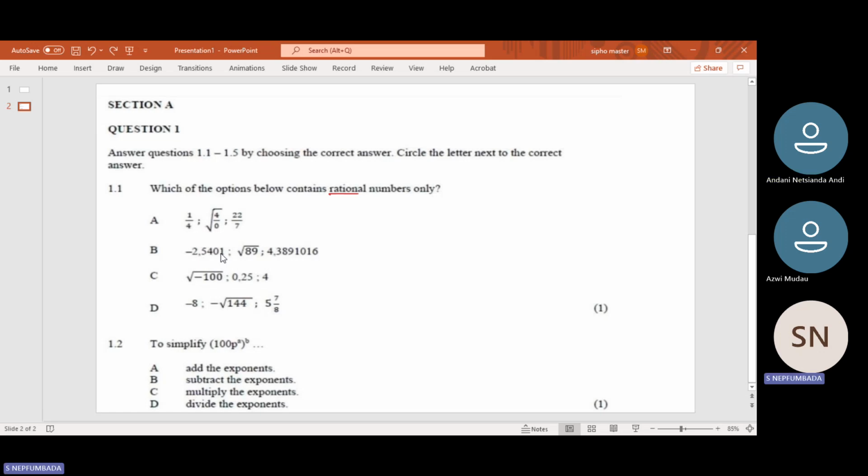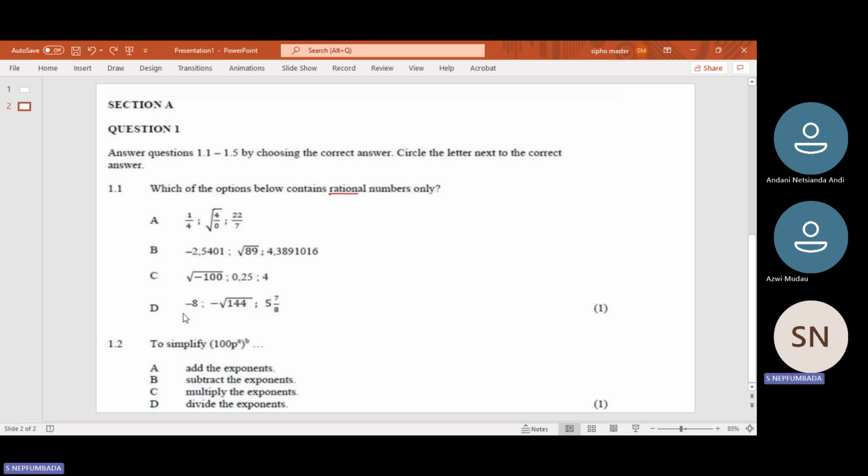Then when you press square root of 4 over 0, it is undefined. So this one is not a rational number. This one after the comma has many different values, right? This one is undefined, it's not a rational number, it's non-real, those things that are undefined.